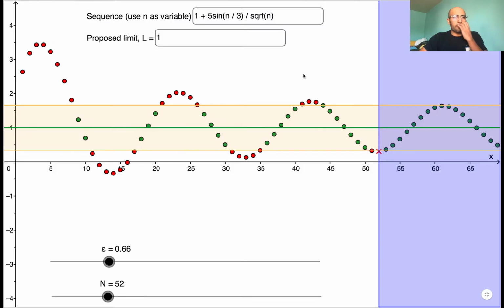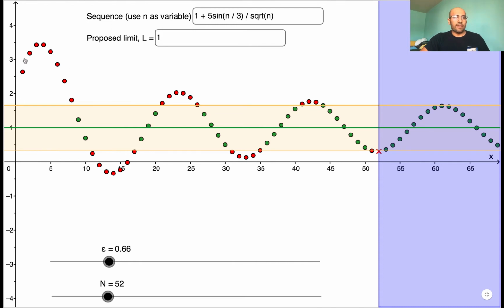Okay, so here we have the sequence 1 plus 5 sine of n over 3, divided by the square root of n. Here's that sequence, and you can see these are the values. When n equals 1, we would end up with 1 plus sine of 1/3 divided by the square root of 1, and that's the value.